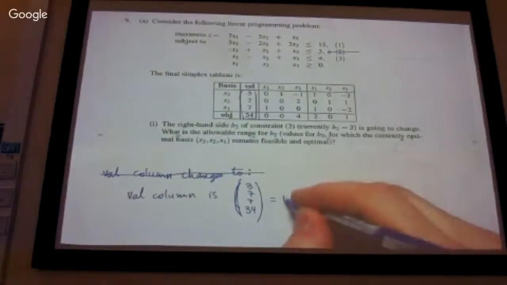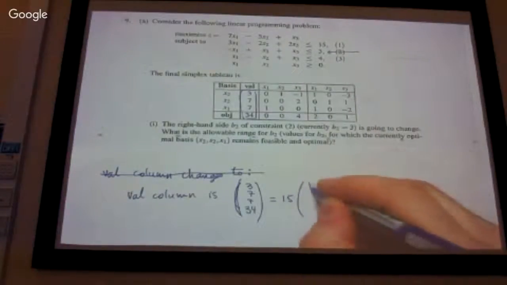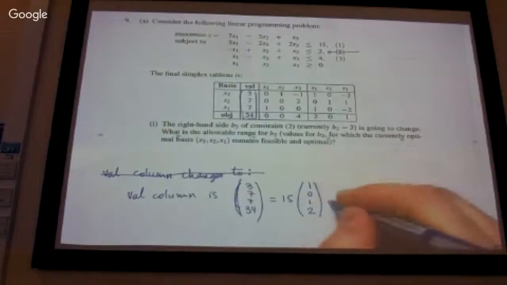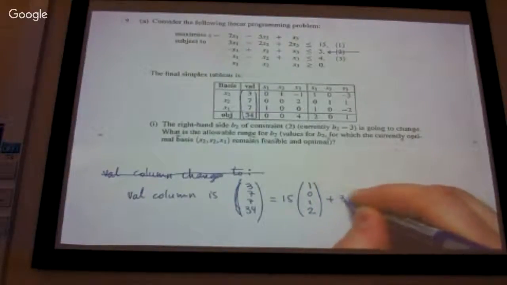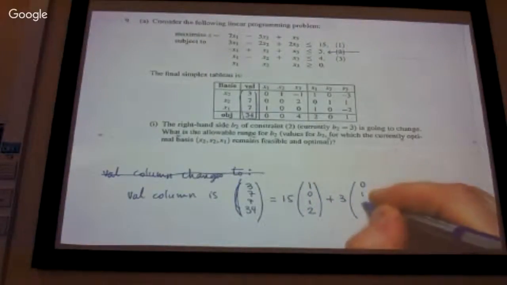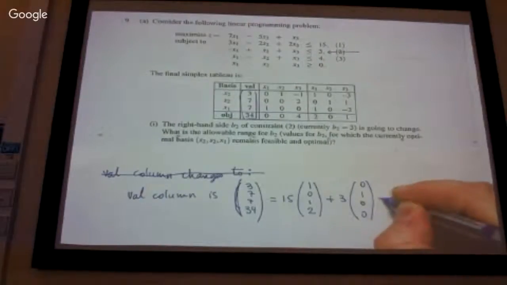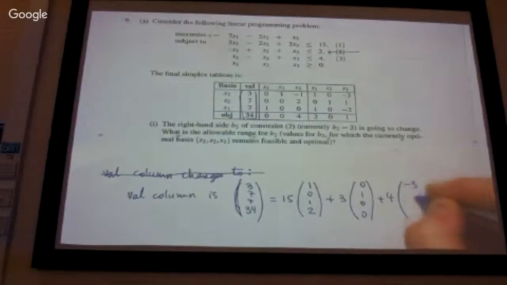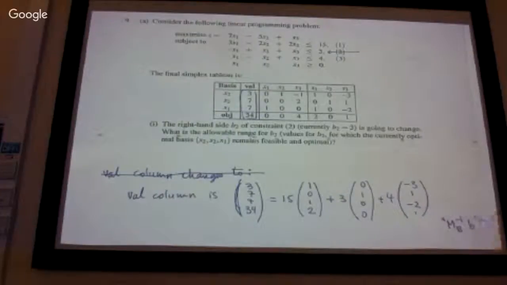So it will be 15 times 1012 plus 3 times 0100 plus 4 times minus 3, 1, minus 2, 1. Okay, that's the kind of B inverse times b computation.